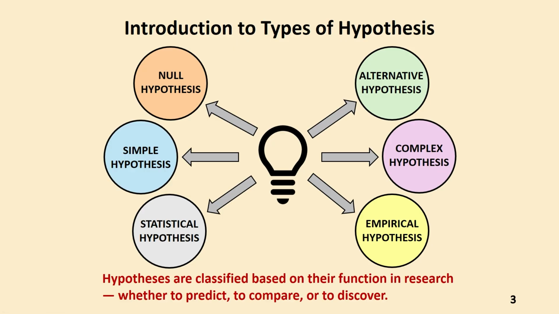Therefore, since the contexts are varied, since the design is varied, demand of the research is varied, and nature of the study is varied, you have to choose very judiciously and accurately that which kind of hypothesis is required for which kind of a situation. So these are the six kind of major types of hypothesis. Now we'll discuss this one by one.